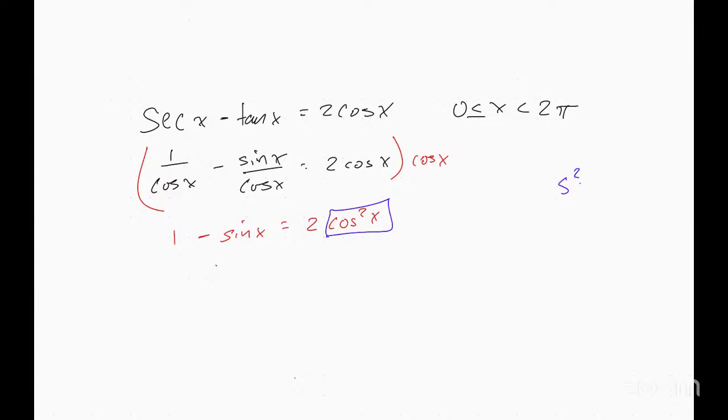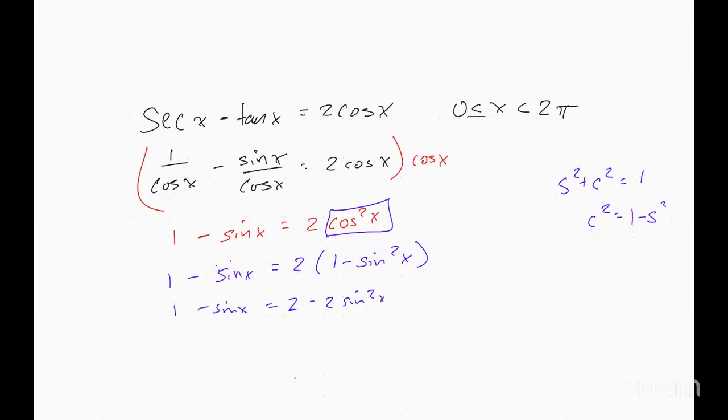So I'm gonna substitute that in, and now I have this entire equation written in terms of sine. So distribute that in: 2 minus 2 sine squared x equals sine x. Then move everything over to the left: 2 sine squared x minus sine x minus 1 equals 0.